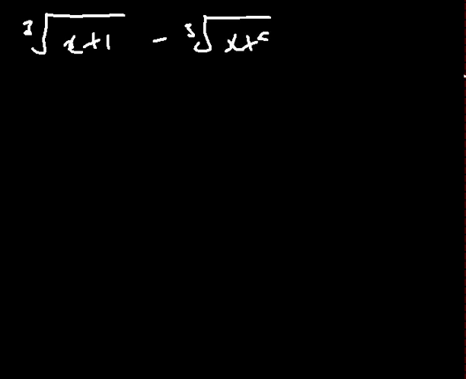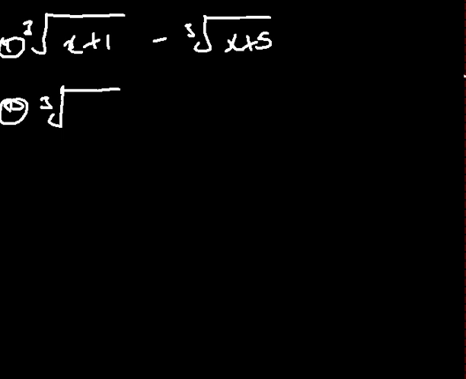And what if, let's say, we have the cube root of x plus 1 minus the cube root of x plus 5. So how do you think can be the conjugate of this? So try to have that. And also try to deduce the conjugates of the following.